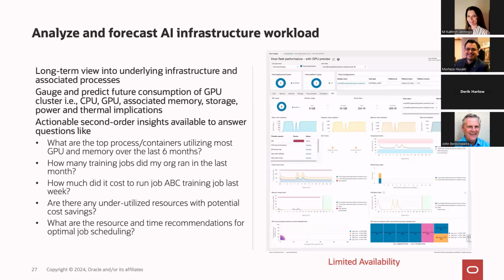We're also providing, or will be providing, use cases around training jobs and how the training jobs have been behaving over a longer period, how much they are costing over a given period, how the underlying resources are being utilized, and whether there have been any opportunities for cost savings with running these different machine learning jobs on top of the GPU infrastructure, right? These are some of the use cases that we plan to add into this capability.